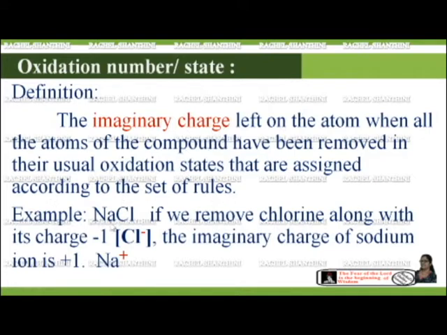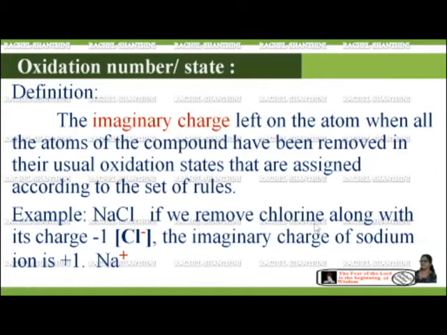Here I have taken a simple compound as an example, sodium chloride. The imaginary charge left on the atom, sodium in our case, when all the other atoms of the compound are removed. Since it is a simple compound, the other atom is chlorine.